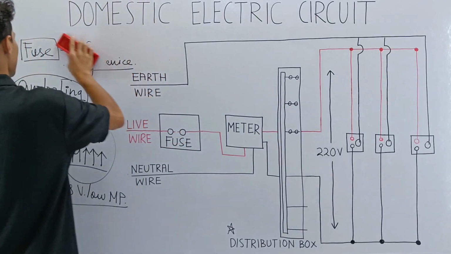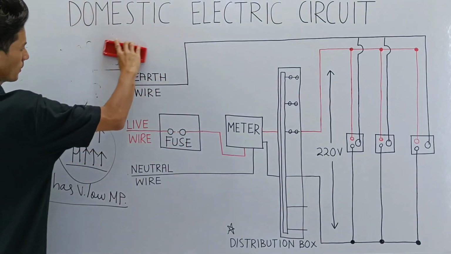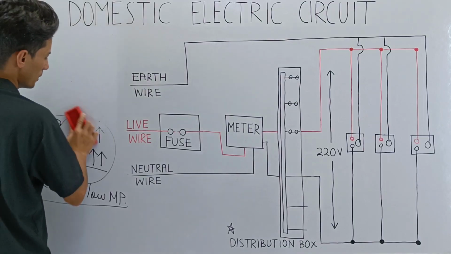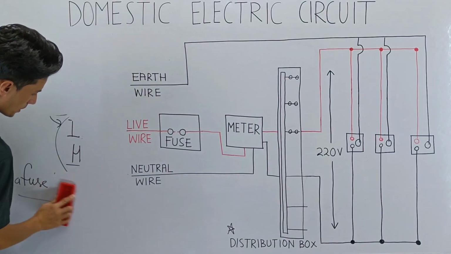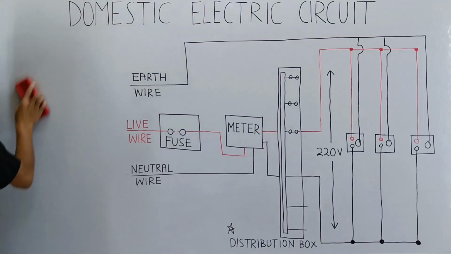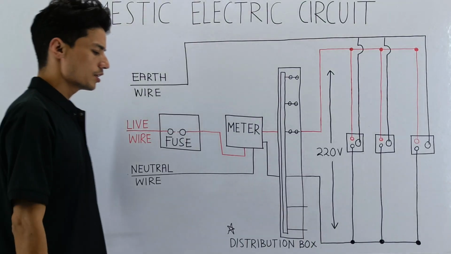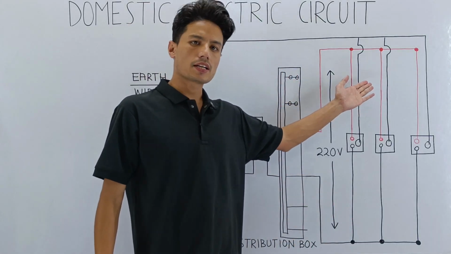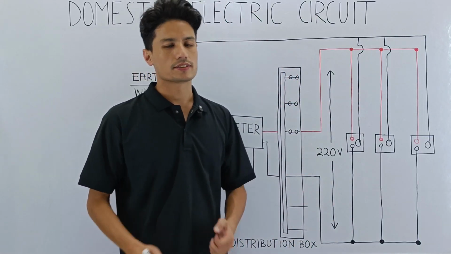A parallel connection or a series connection? What is the connection being used in our domestic electrical circuit by the electrician? Does he opt for parallel connection, or does he opt for series connection?